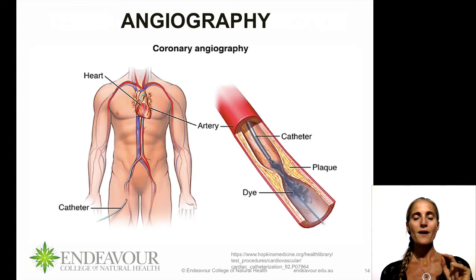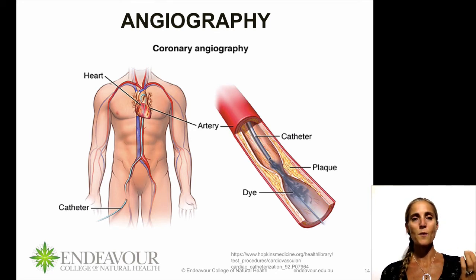This is where a catheter is inserted into either the left or the right femoral artery, and then that catheter enters the common iliac artery and goes into the aorta, all the way up. Once the catheter comes around the arch of the aorta, it can be directed into the coronary artery.